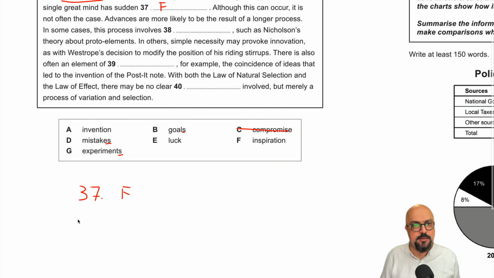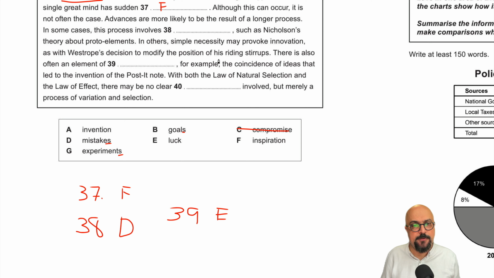So 38 would be mistakes, which is D. Yeah. So then we have 39. There's also often an element of, this should be luck. Maybe. For example, coincidence means luck. So coincidence of ideas. The 39 is clearly E, which is luck.